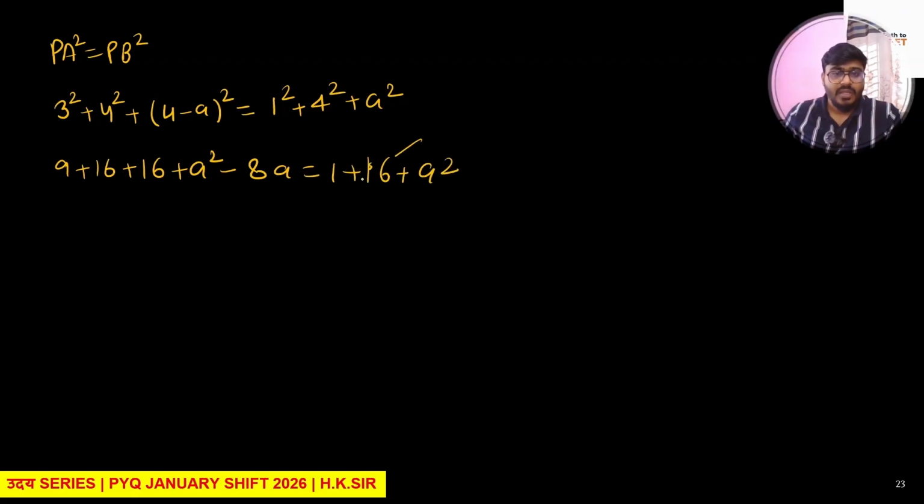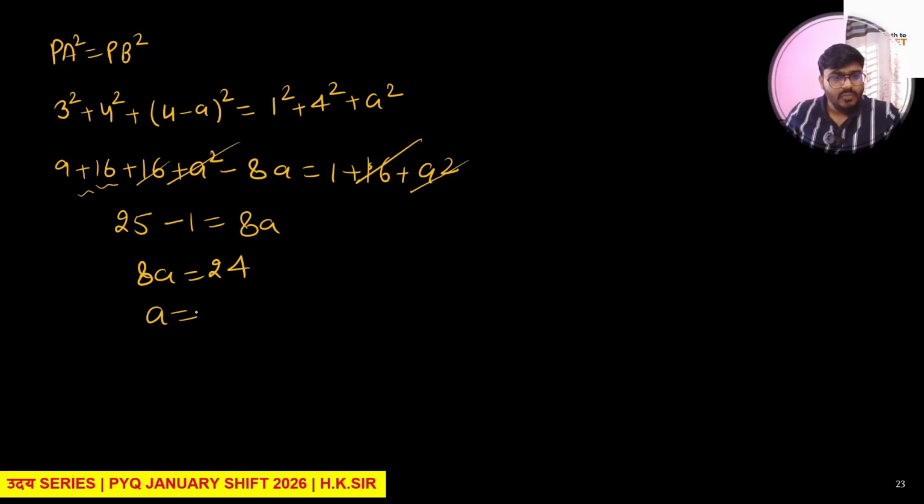So it is 9 plus 16 plus 16 plus a square minus 8a equals 1 plus 16 plus a square. 16 and a square cancel. Here it is 9 plus 16 is 25, and 8a this side, so 8a equals 24.